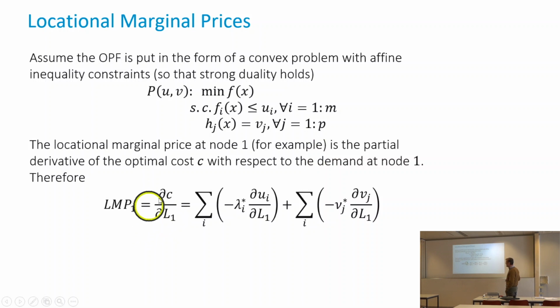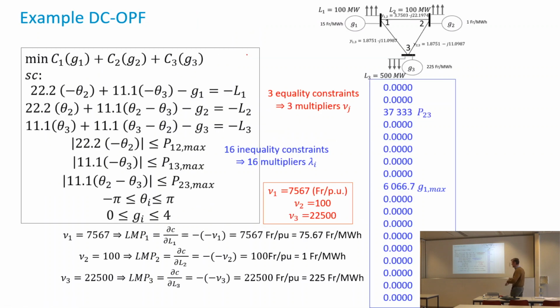So what's the derivative of the cost with respect to the load? Well, by the law of total derivative, typically the constraint will depend on the load in a way that may combine different things. So dC over dL is the sum of dC over dU and dV times dU over dV, which gives exactly this formula. So this is the formula that is used by operators to compute locational marginal prices.